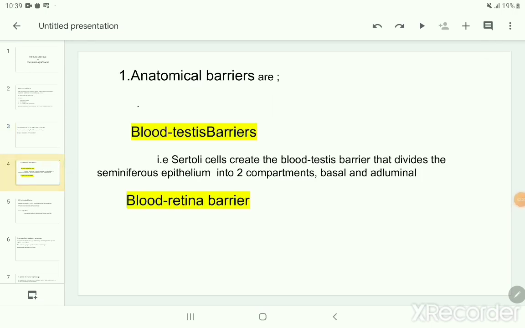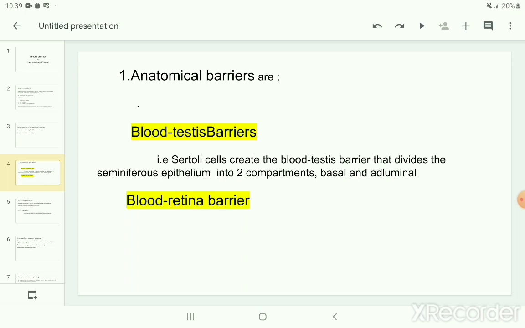Now we will briefly discuss the three basic mechanisms which are important for immune privilege. The first is that there are some anatomical barriers which prevent the interaction between the immune system and the body's organs or the self antigens of the tissues.